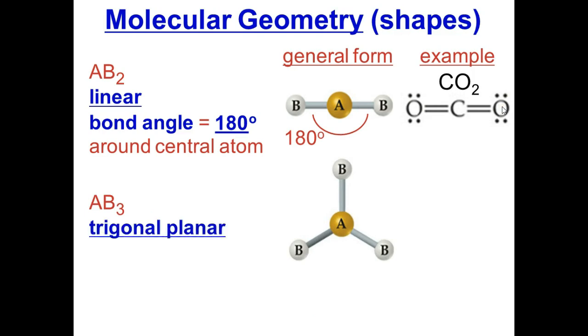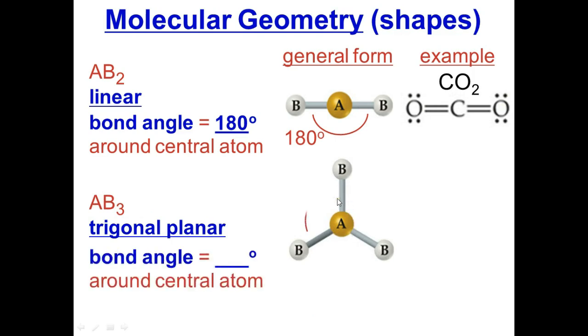trigonal planar. Here we have a general formula of AB3, so one central atom and then three bonds around it, and there's nothing else. The bond angle is 120, and if you did not know this, you could figure it out by imagining a circle. A circle has 360 degrees, and if we have three lines separating a circle, each section would have 120 degrees because 360 divided by 3 is 120.